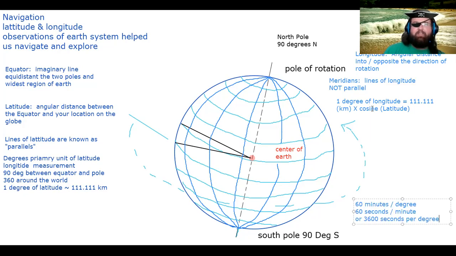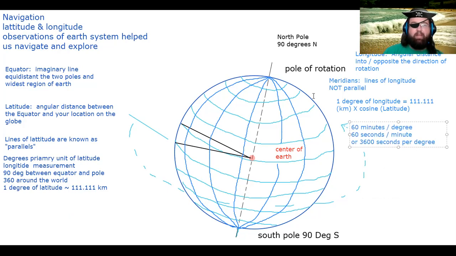So a couple other things to remember about longitude is that we do have to have a standard reference point. So there are two standard reference meridians. The first reference meridian is the prime meridian. This runs through basically Greenwich, England, UK.